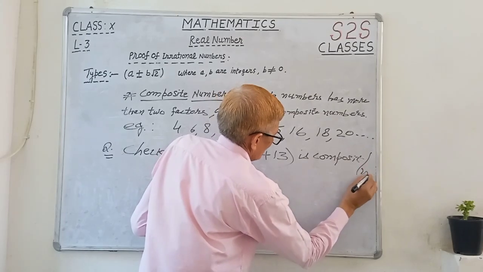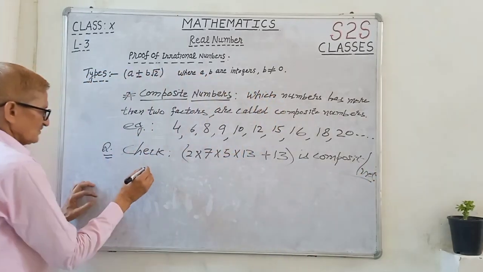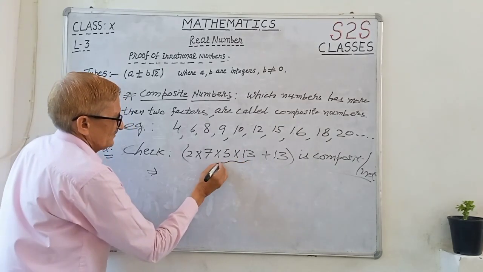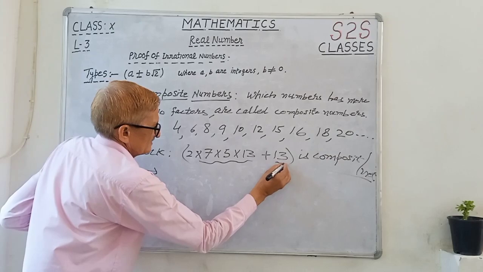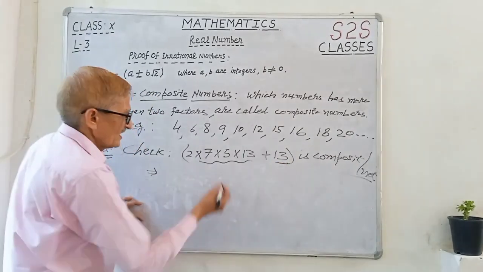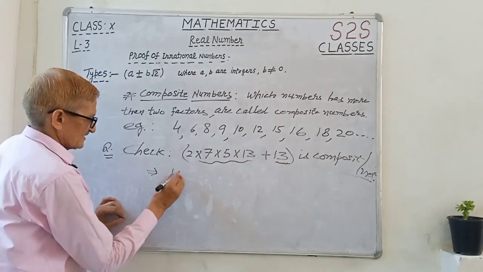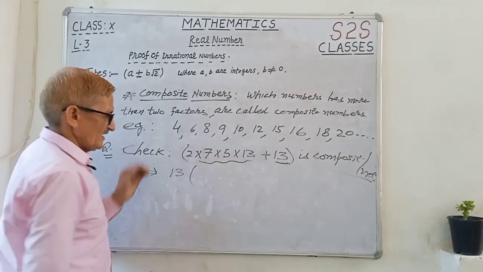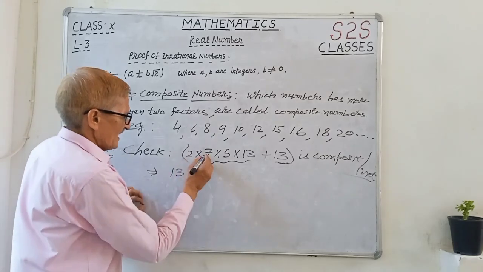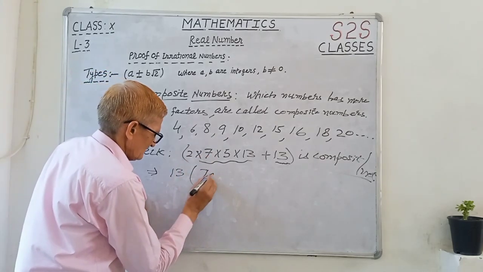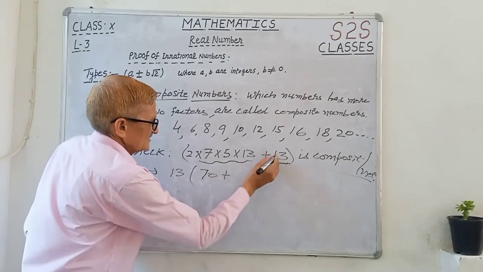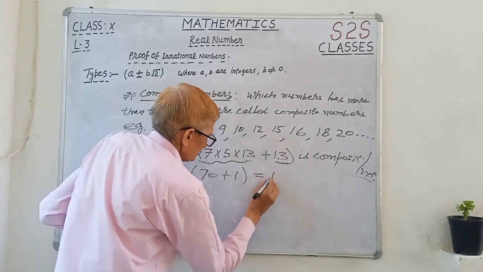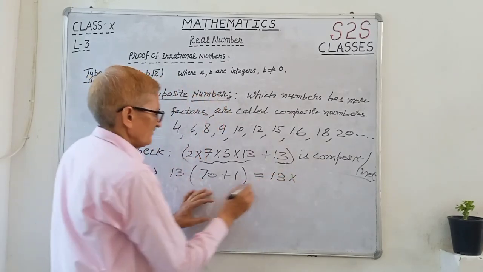For checking, we have to simplify. 13 is common here. This is one term and plus is there, then this is the second term. These are two terms. 13 is a common factor in them. Then what is left here? 2 into 7 into 5, which is 70. And plus 1, since 13 is common, then 1 is left. Then it is 13 into 71.